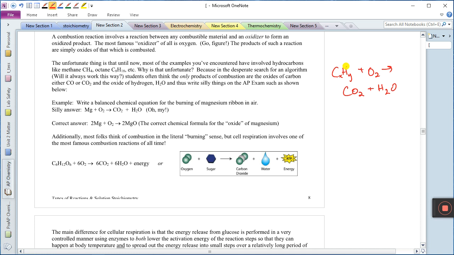Be warned, they will sometimes talk about some of your synthesis reactions as combustion because you are burning. Like when you take magnesium metal and burn it, it's technically combustion. Are you going to get carbon dioxide and water out of it? No. So it's just a fancy synthesis. So watch out for that. And also remember, what is that reaction?